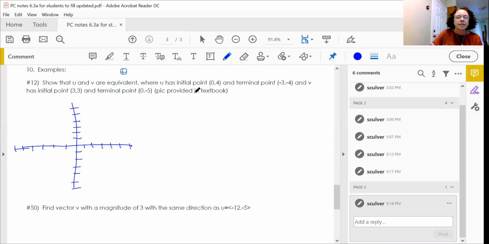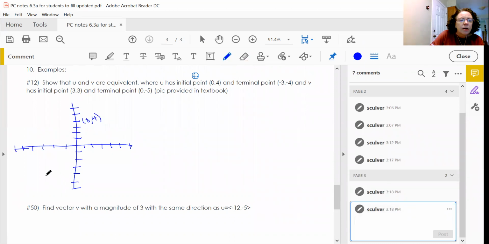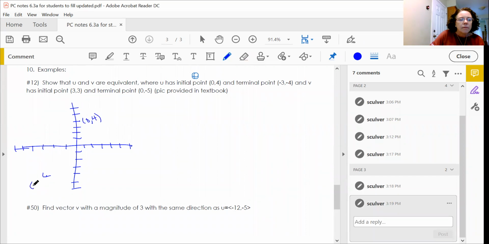Okay, so the first vector has an initial point of 0, 4, and a terminal point of -3, -4. I'll try to connect them well.